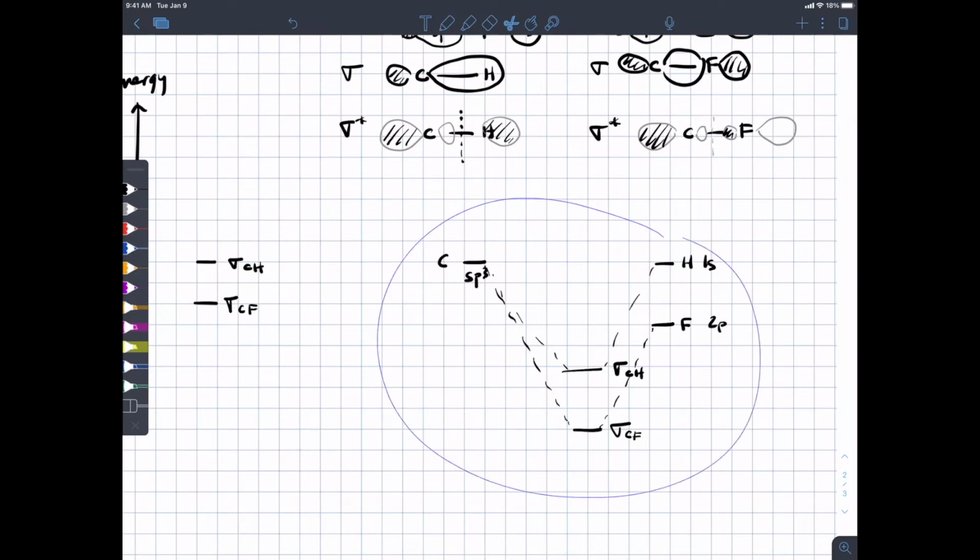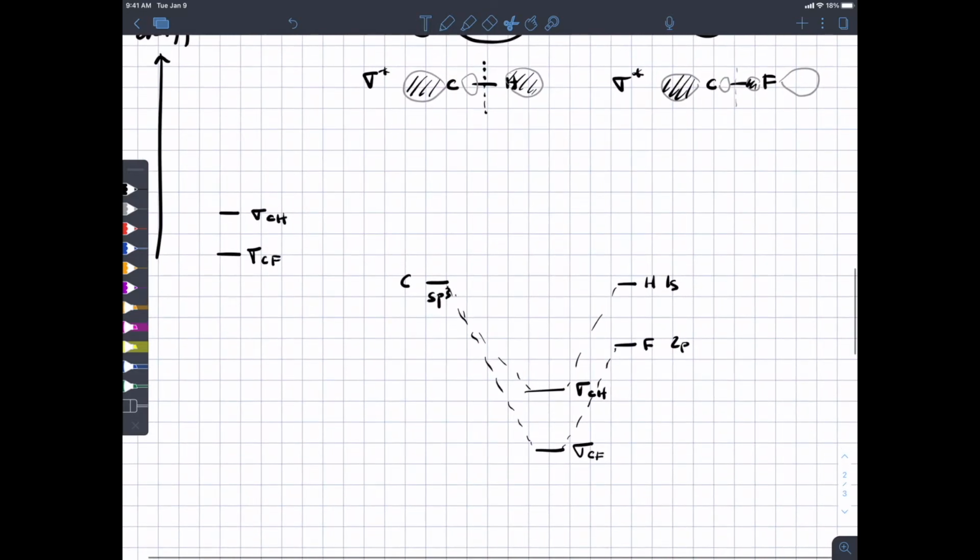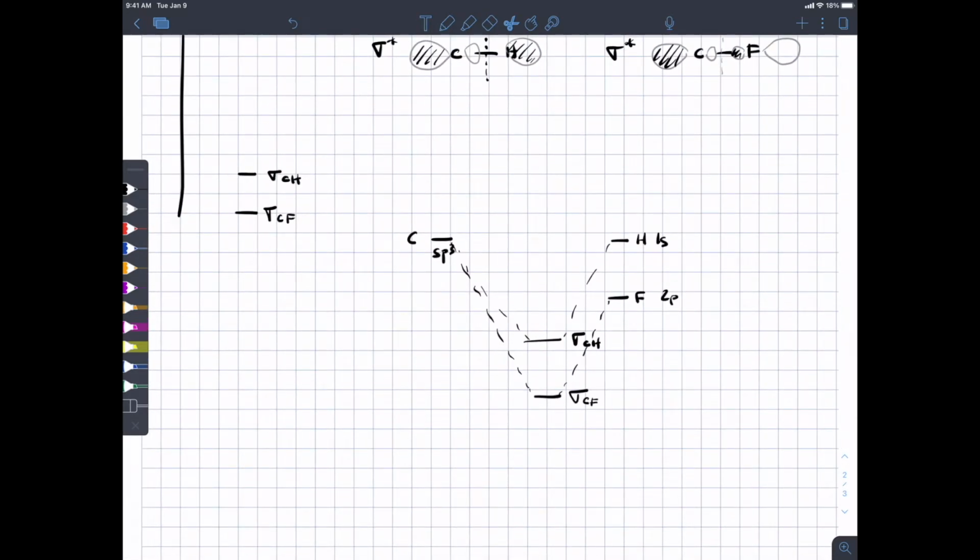Now, how about the energy difference between the antibonding orbitals, sigma star for carbon-hydrogen versus sigma star for carbon-fluorine? What do you expect there? Do you remember what we learned in chapter 14 or chapter 1? When two orbitals are close in energy, the amount of stabilization relative to the starting orbital is higher, and the amount of destabilization relative to the starting orbitals is also higher.